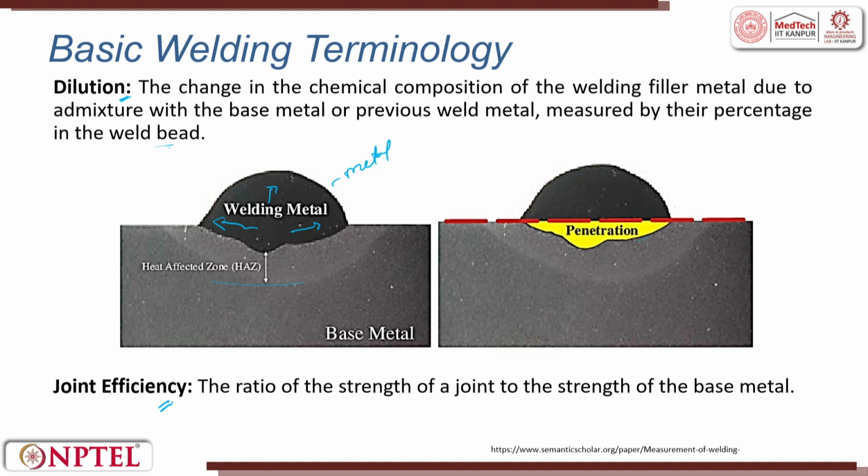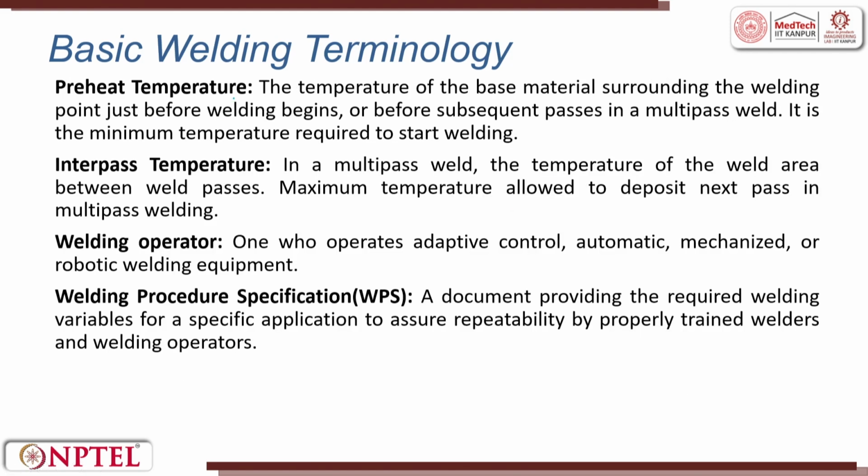Joining efficiency is the ratio of the strength of the joint to the strength of the base material, and talks about the efficiency of the process. This portion is the joint and this is the base metal, so the strength between these two gives the ratio. So, preheating temperature is very important.